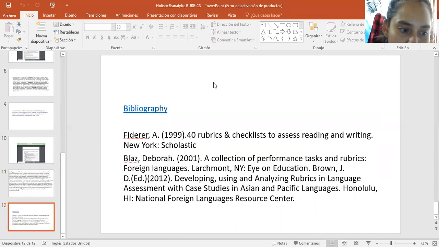The bibliography is: Feder, 1999, Rubrics and Checklists, Reading and Writing, New York, Scholastic. Place, Deborah, a collection of performance tasks and rubrics.